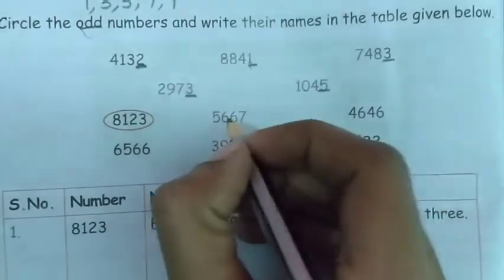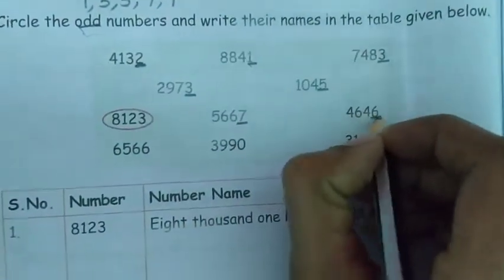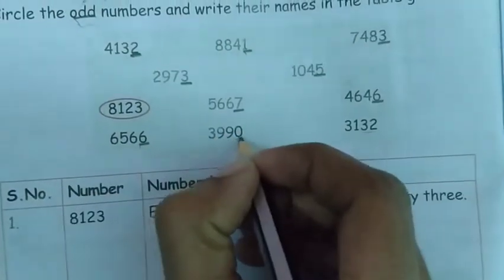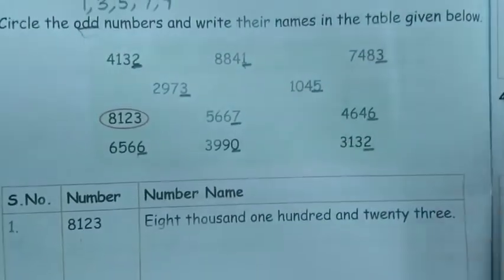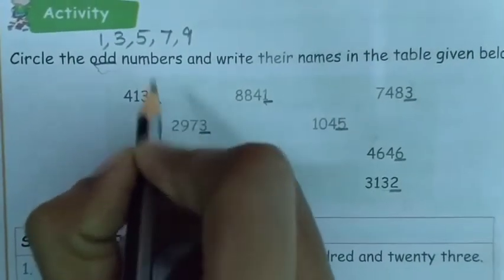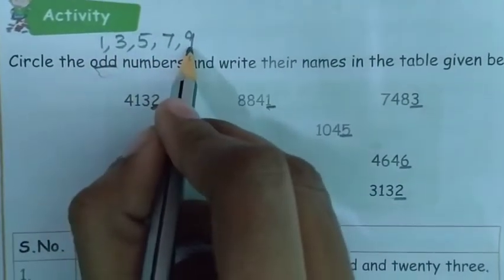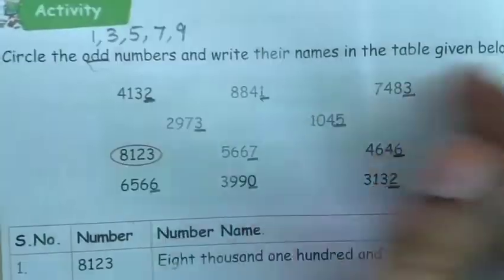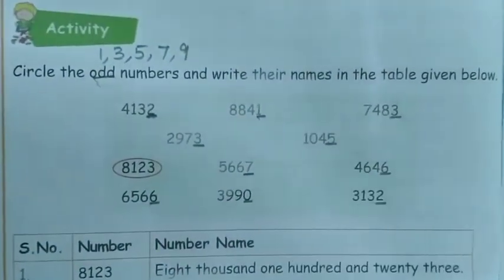Here already given. 7, 6, 6, 0, 2. Now look at the first number. What is the last digit? 2. Is 2 an odd number? No. So leave it.